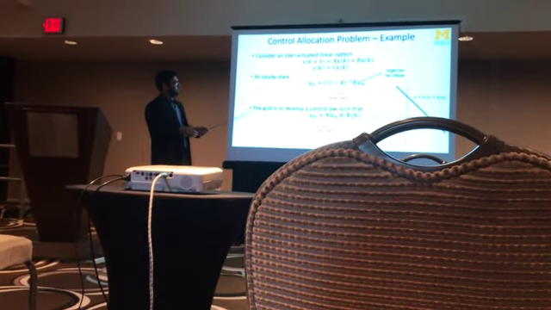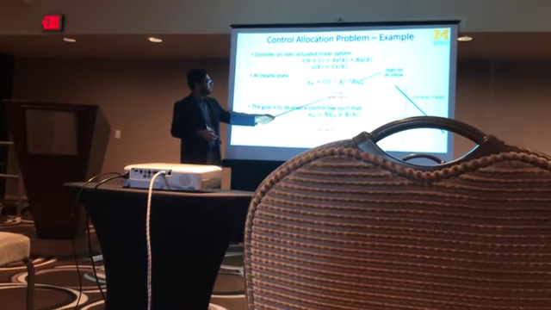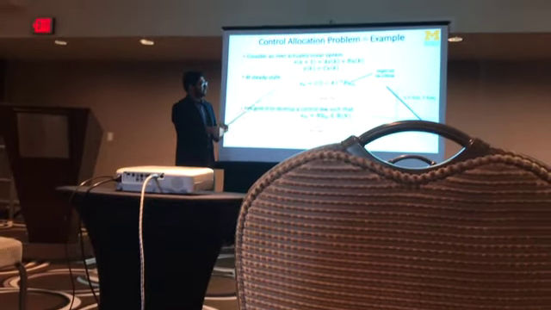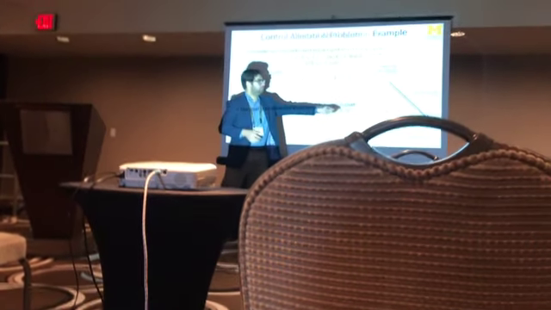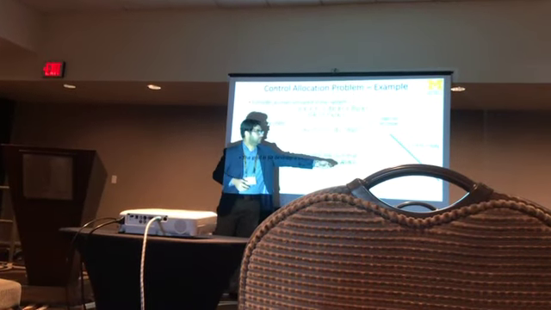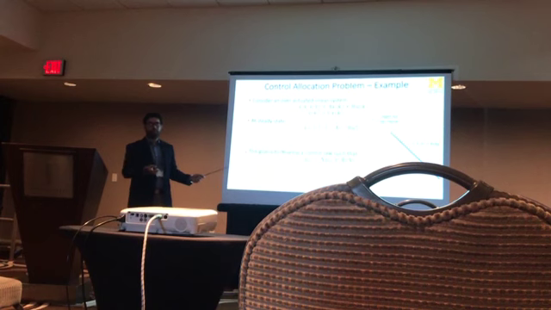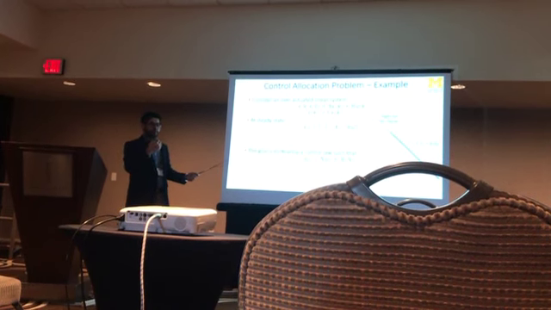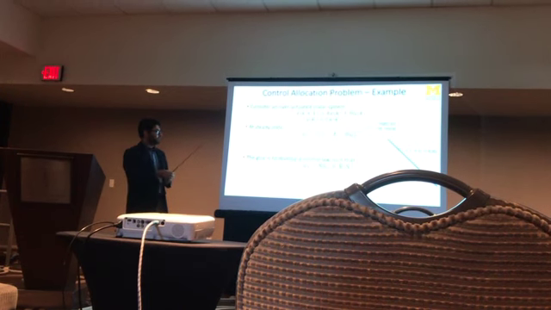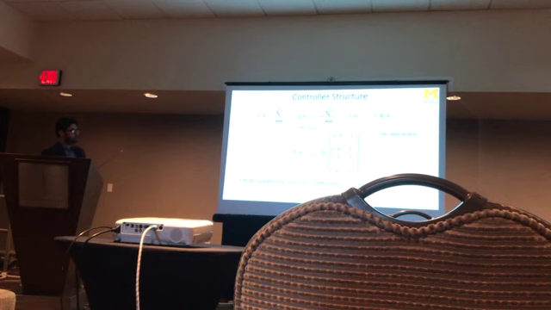In the two-dimensional case, if you want a constant value of y, there are many values of u1 and u2 which would satisfy that value of y. So any solution on that line gives you a constant value of y. You can choose any value of u1 and u2. And the problem is to construct a control law such that u1 and u2 are always given in a specific ratio.